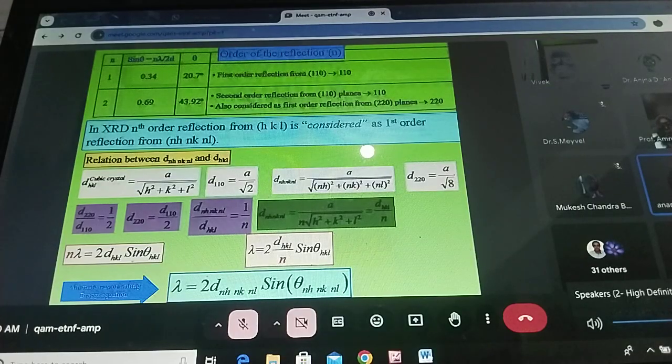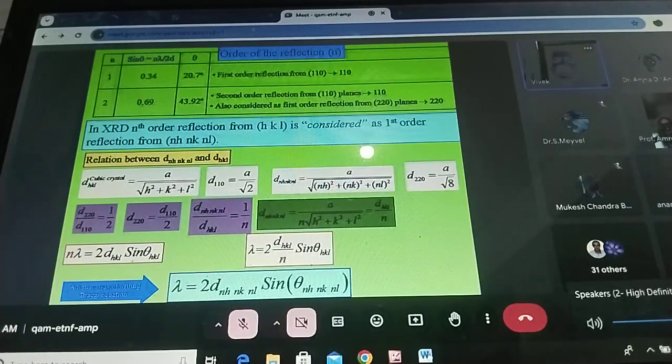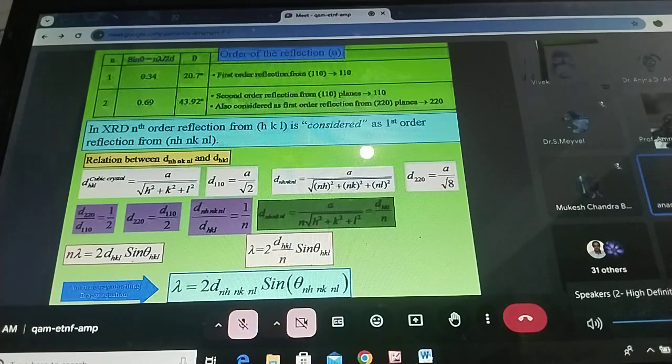Sir, myself Anarsi. I have one question. You have said that we are getting the intensity in the diffraction pattern because of the electron density, because what we are getting is the electron density cloud. So if we have two atoms in ionic form having the same number of electrons, can we distinguish them?